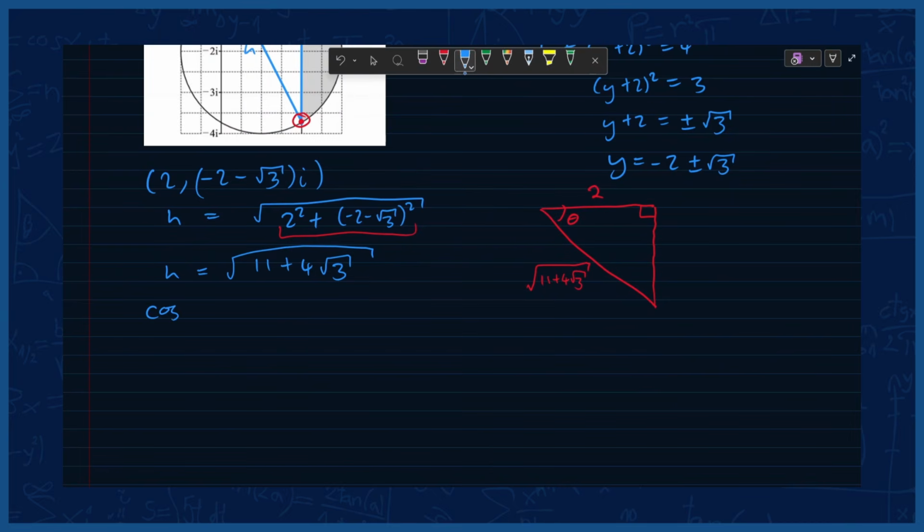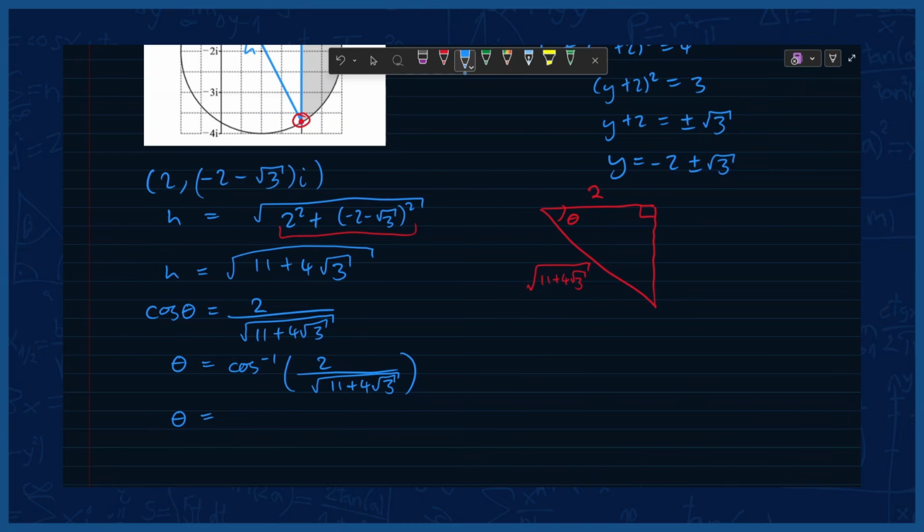So cos of theta has to be equal to our adjacent over our hypotenuse, and so theta is arc cos of 2 divided by root 11 plus 4 root 3.